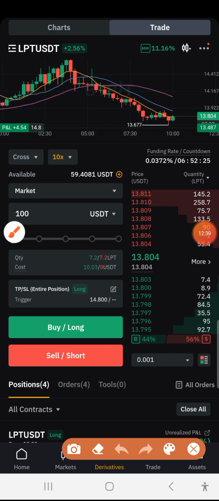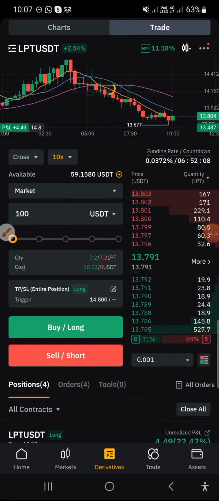So that is how it goes. You can even set it to 13.6, or even 13.5. But you need to study the market to know if the market will go down or not before you place this order.